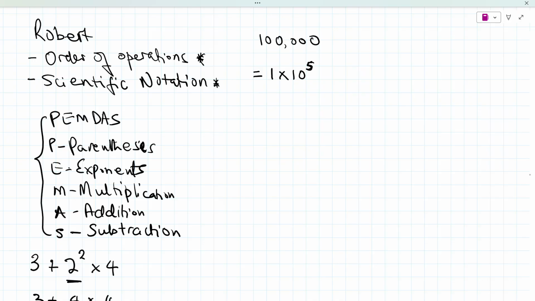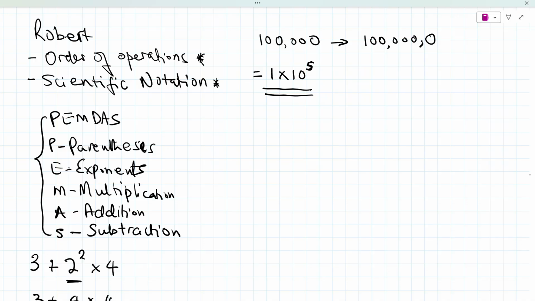Another way of looking at it is to rewrite this number using decimal format, 100000.0. So what we do to write a number using scientific notation is we move the decimal point.